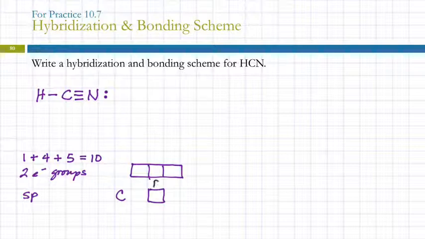So the original atom, there's p orbitals and s orbitals, and carbon has 4 valence electrons, and so there will be 2 in the s and 2 in the p. When it hybridizes, we know from the number of electron groups that we need an sp hybridization.